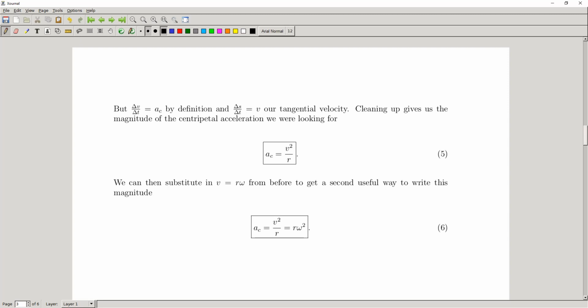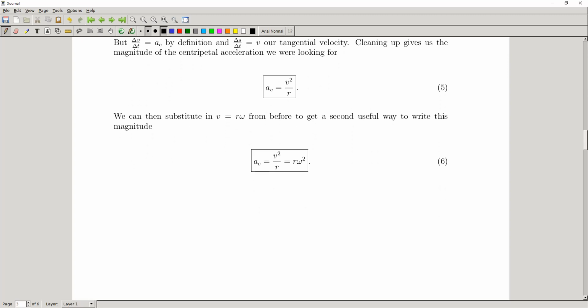And finally, if we substitute in for v, our tangential velocity, using this relation here, which we came up with last video, which writes our tangential velocity in terms of the radius and the angular velocity, we can then write the final useful form of the magnitude of our centripetal acceleration.